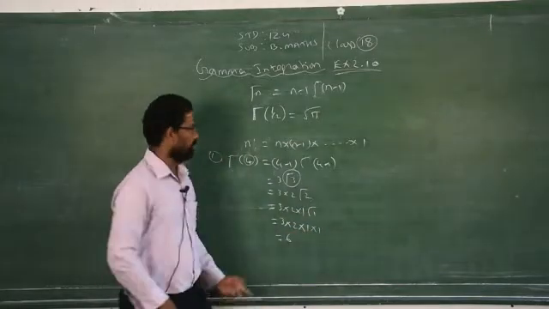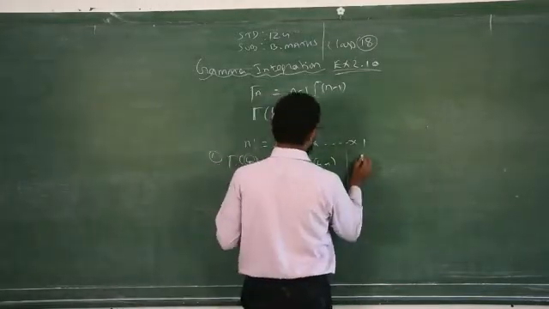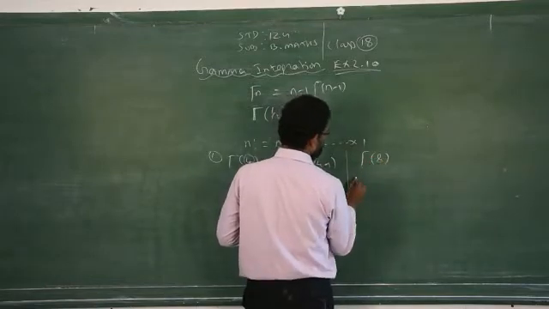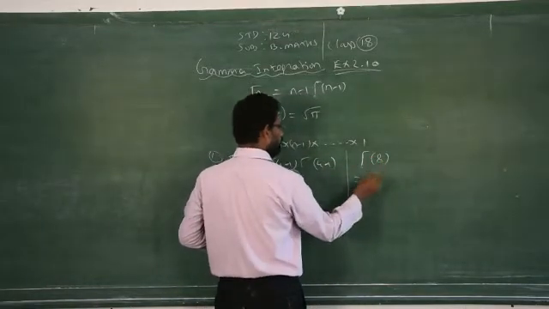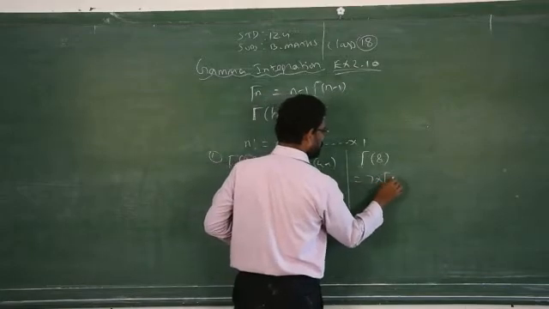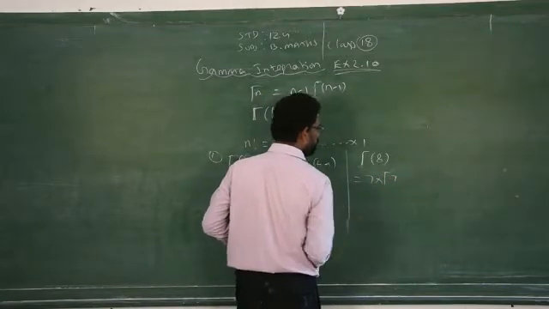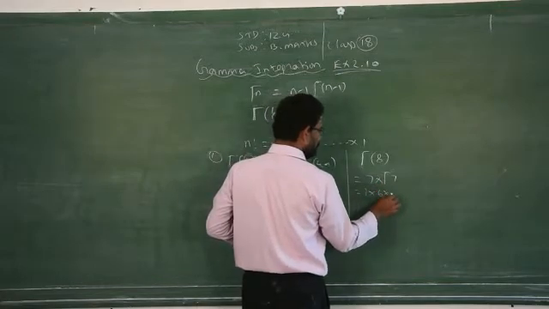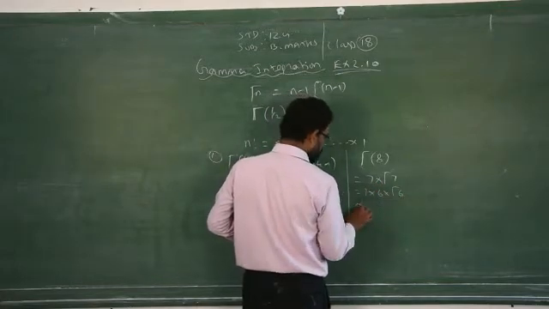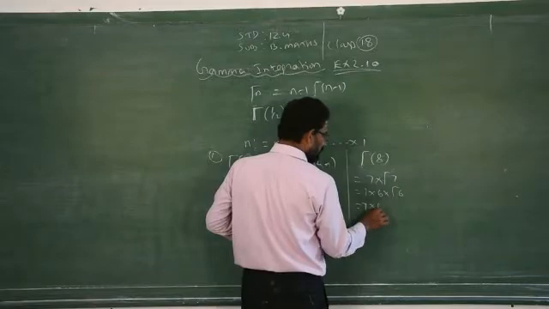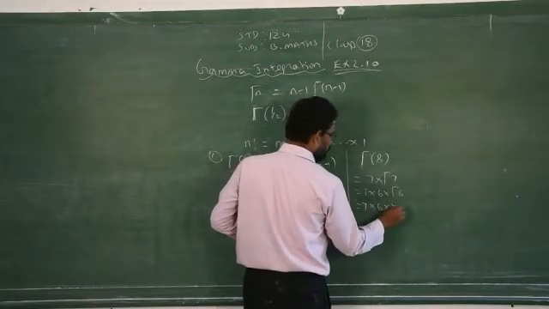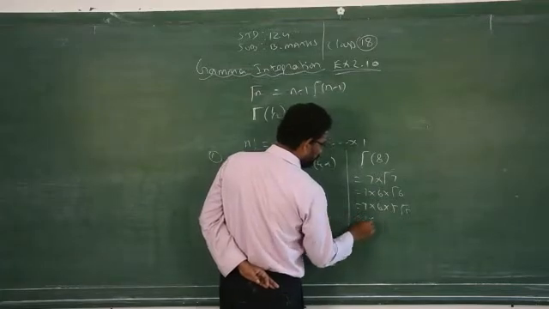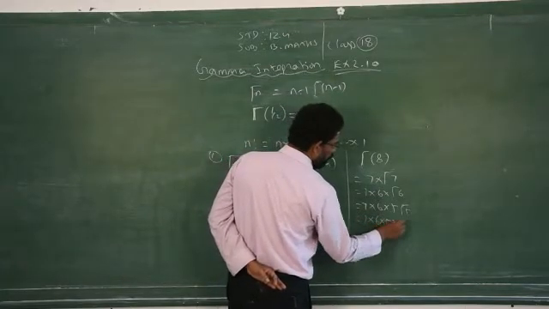That's all, very simple. Likewise, you will go for 8. How to write? What is the previous number of 8? 7 into gamma 7. Then next 7. What is the previous number of 7? 6 into gamma 6. What is the previous number of 6? 5. Gamma 5. What is the previous number of 5? 4.